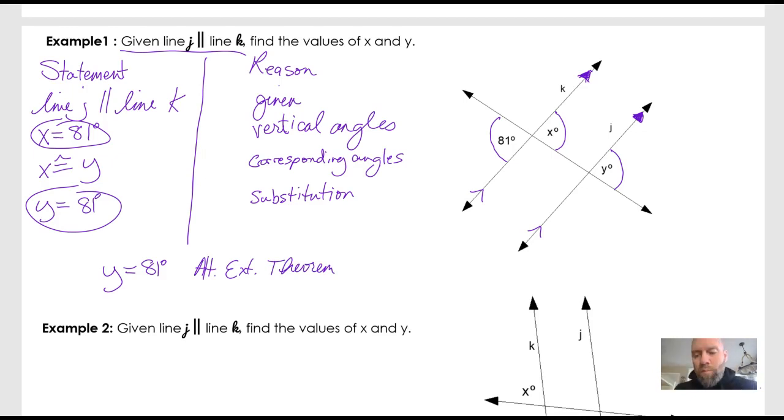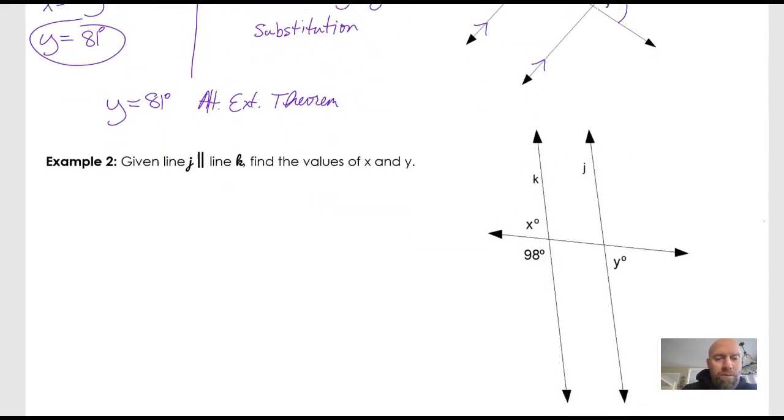And this would be a 2-column proof that says that. So there you go. Hopefully that helps you with your example for number 1. So let's move on to number 2.